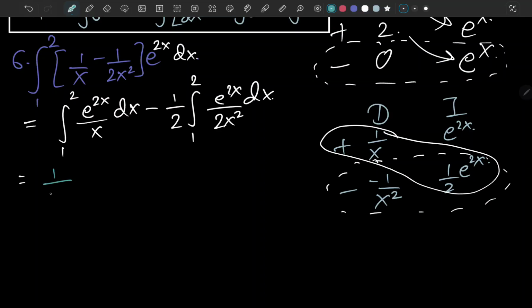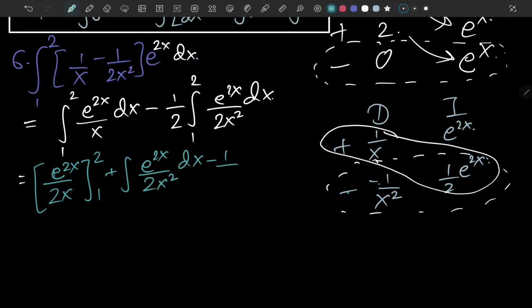So our result comes out to be e to the 2x over 2x evaluated from 1 to 2, and then negative times negative is positive, so plus the integral of e to the 2x over 2x squared dx, and we were left with, let's put the 1/2 inside the integral from 1 to 2, e to the 2x over 2x squared dx.